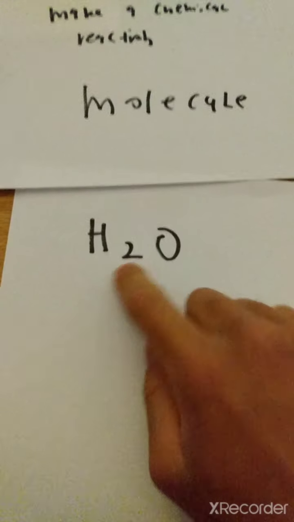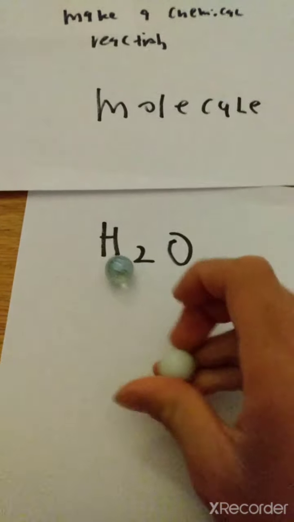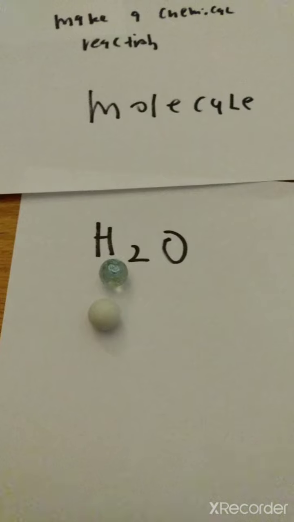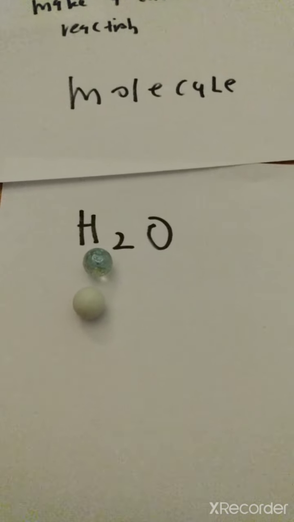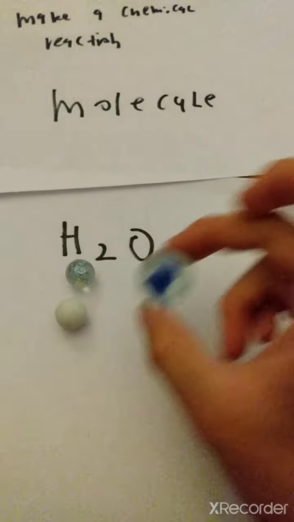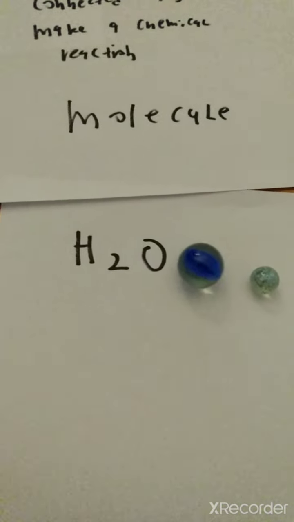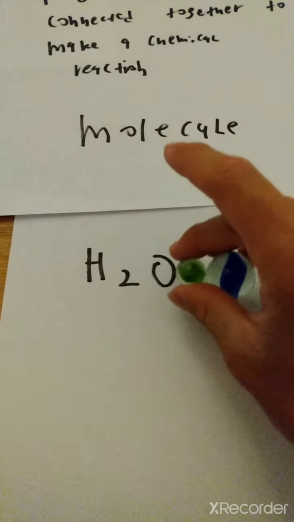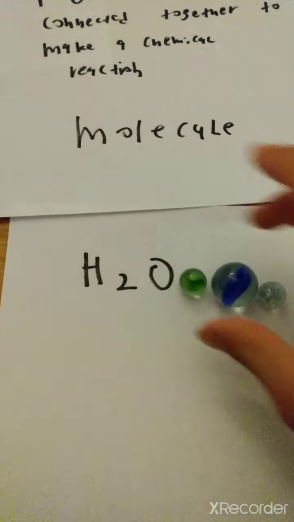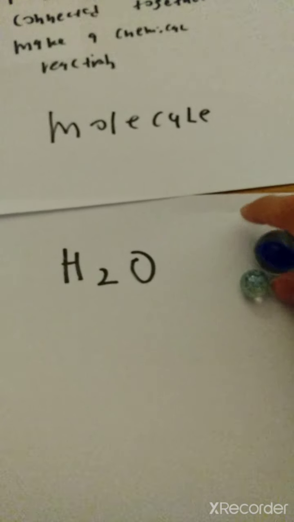The H represents hydrogen in the periodic table, and that 2 represents that there are 2 hydrogen atoms in this formula. And that O is going to represent oxygen, which is this bigger marble. So a molecule is going to be these marbles connected to each other. A molecule is a group of atoms together.